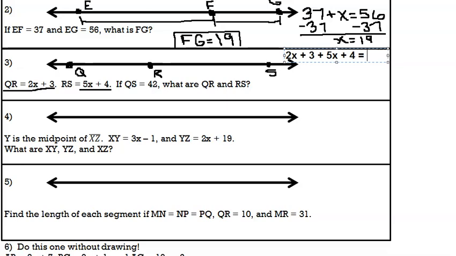And the part plus the part equals the whole, which is 42. Now, if we combine all this, that's going to give you 7x plus 7. 2x plus 5x is 7x, 3 plus 4 is 7, and again, that's going to still equal 42.